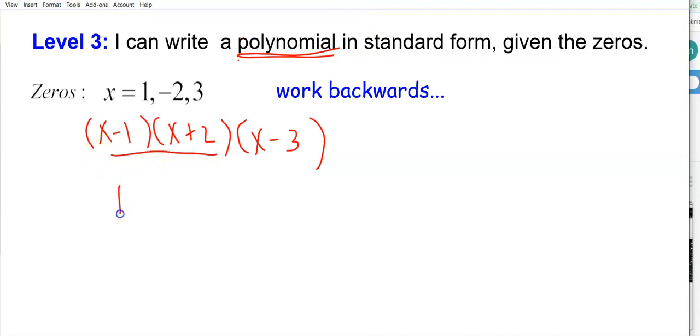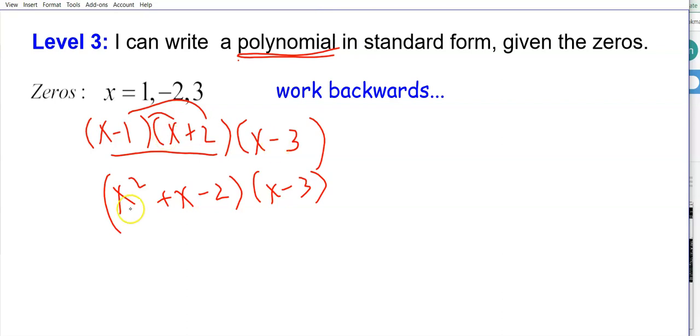So let's FOIL that guy, get x squared minus x plus 2x is plus x, minus 2, times x minus 3. Now it's not really a FOIL, it's kind of a clam. You're going to multiply all the terms there. So start with this one. X squared times x is x to the third. X squared times -3 is -3x squared. X times x is plus x squared.